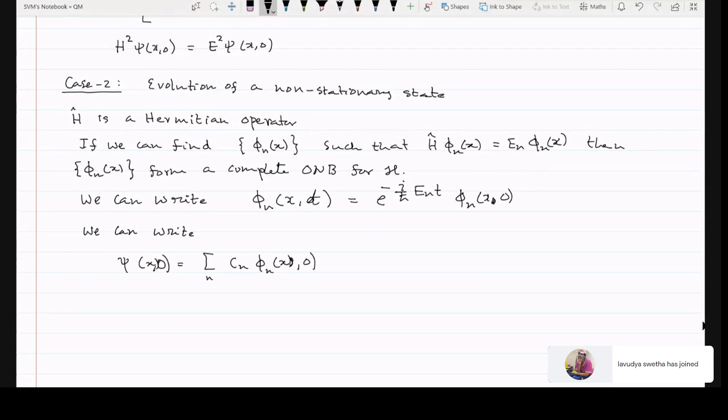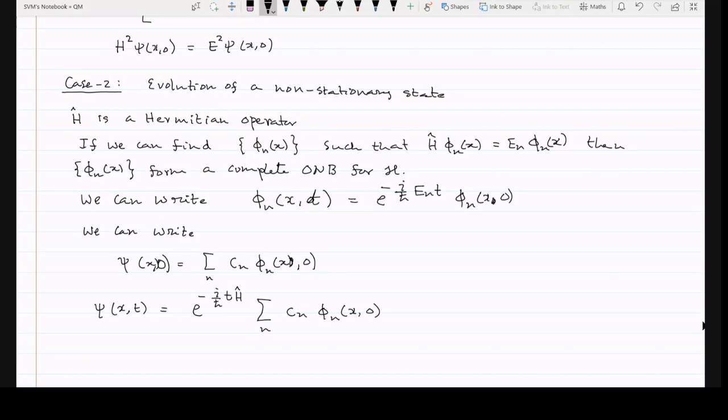Now I can write down psi of x comma t is equal to e to the power minus i by h cross t into operator H acting on psi of x comma 0, and psi of x comma 0 I am going to write as sum over n C n phi n of x comma 0.